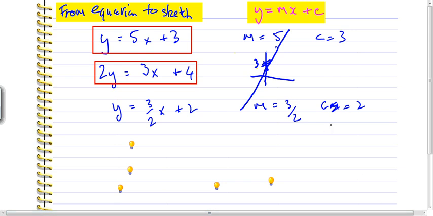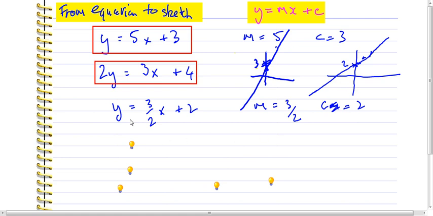So again, we could sketch that up here. We've got our axes. We cut at 2, and our gradient this time is much shallower. We go along 1 and up 1.5. So we're getting a shallower straight line through y equals 2.